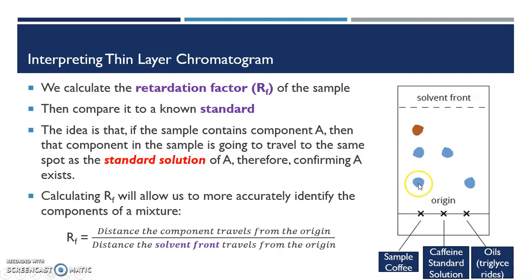So the distance of the oil component to the origin should be the same as the distance from the oil standard. So as a result, if we have the standard solutions, we can use the distance, which is called retardation factor, as calculated. We can use that retardation factor, or the distance, to identify what component it is there. Okay.